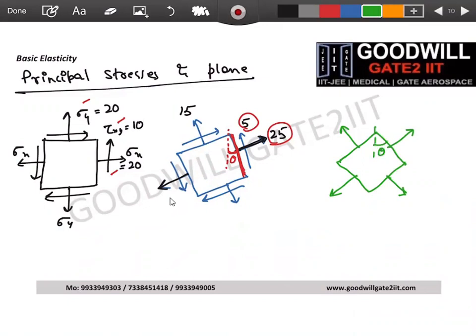Now when we have done this, unknowingly, I came to know that this stress came out to be 30. This came out to be 10. And luckily, there was no shear stress. Shear stress was 0 here.